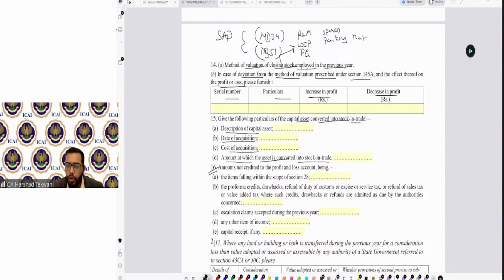With effect from 1/4/2024, the limit of 2 CR will become 3 CR, provided the aggregate of the amount received during the previous year in cash does not exceed 5% of the total turnover or gross receipt. In that case, the 2 CR will become 3 CR. Otherwise, it is 2 CR. The definition of the eligible business: that amount should not exceed 2 CR.